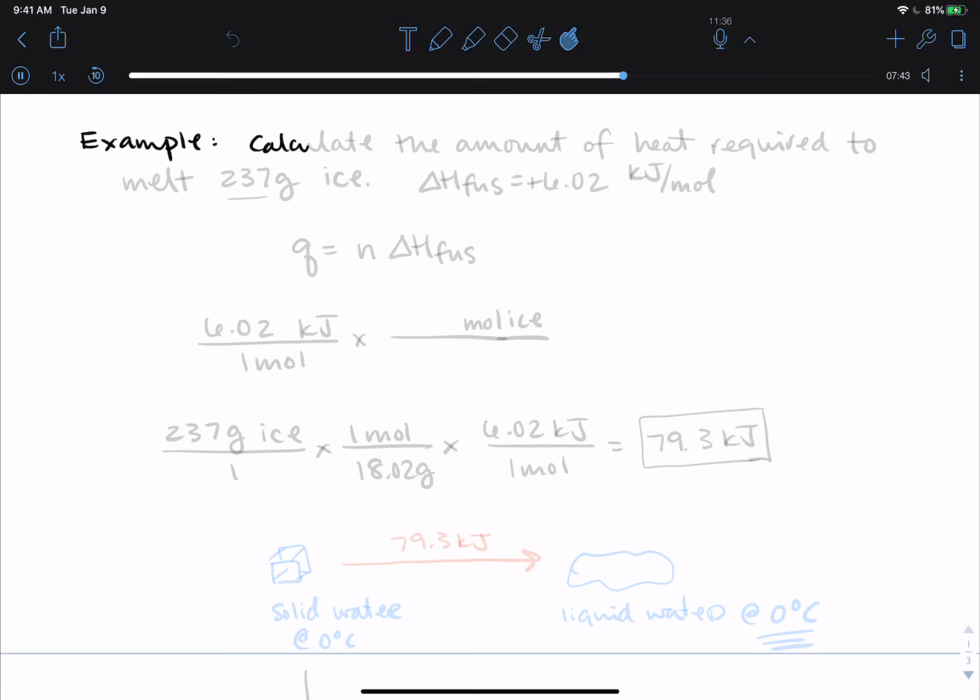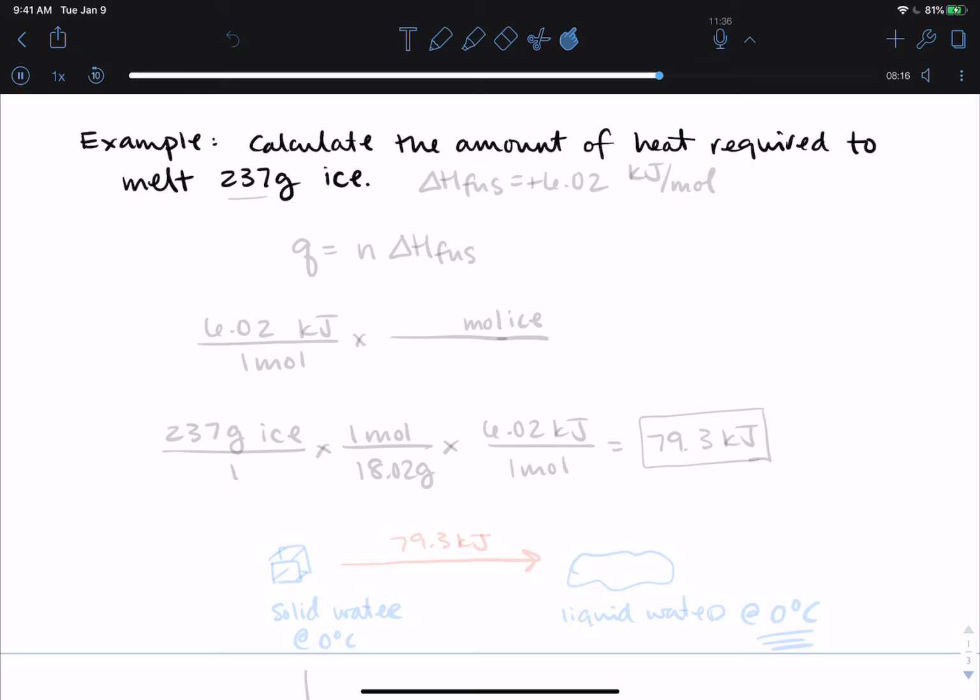So what we are going to do is calculate the amount of heat, or it might occasionally say energy, but we're just going to specifically say heat, required to melt 237 grams of ice.